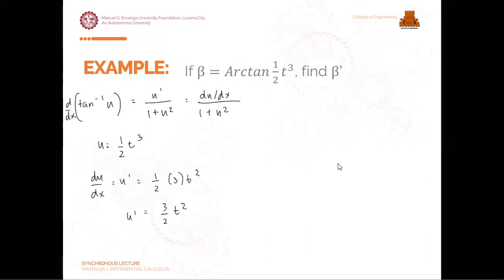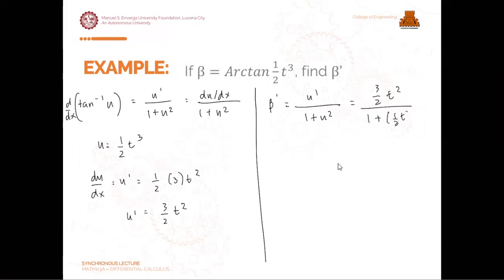Following our formula to get beta prime, beta prime will be equal to u prime over 1 plus u squared. So that equals 3 halves t squared all over 1 plus our u, which is 1/2 t cube, squared. Simplify. We have 3 halves t squared over 1 plus 1/4 t raised to 6.